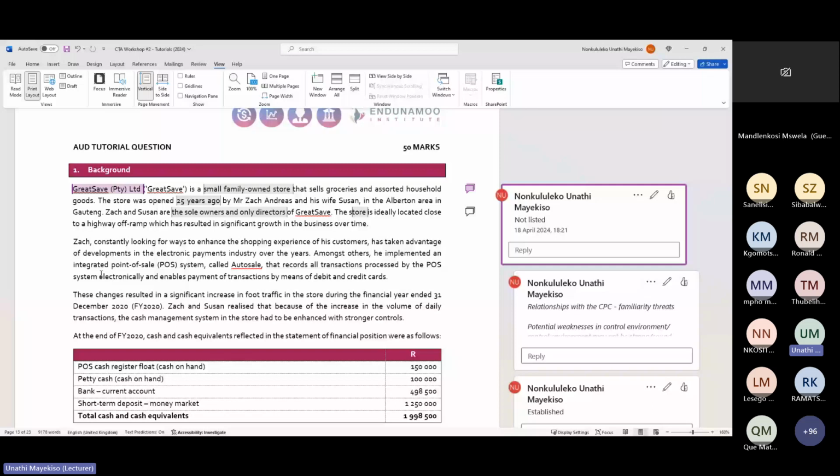Amongst others, he implemented an integrated point of sale system called AutoSale that records all transactions processed by the point of sale system electronically and enables payment of transactions by means of debit and credit cards. Anything interesting you guys find there?